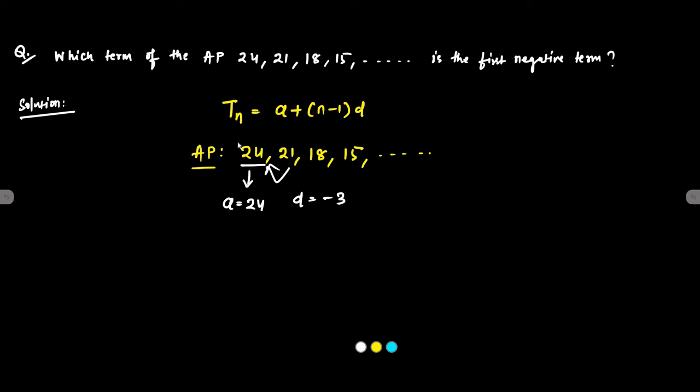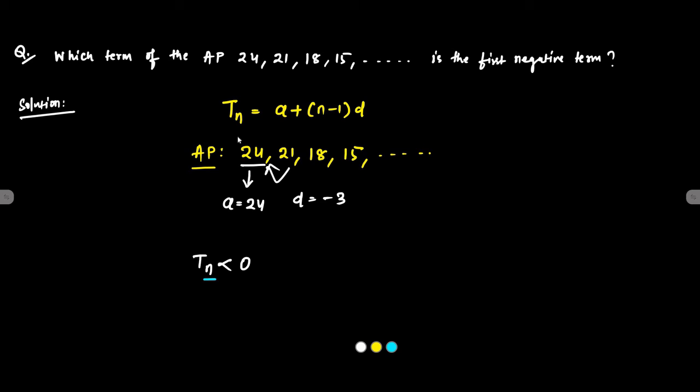So negative term means, the first negative term means that this particular nth term, Tn, will be lesser than 0 at that particular point. So we have to find the value of n for which the term Tn is lesser than 0. Here, instead of equals to, we will put lesser than 0.